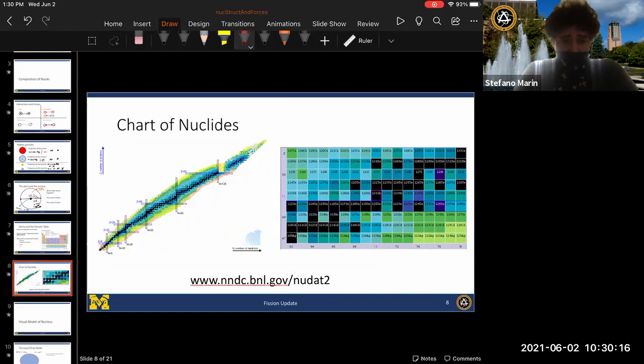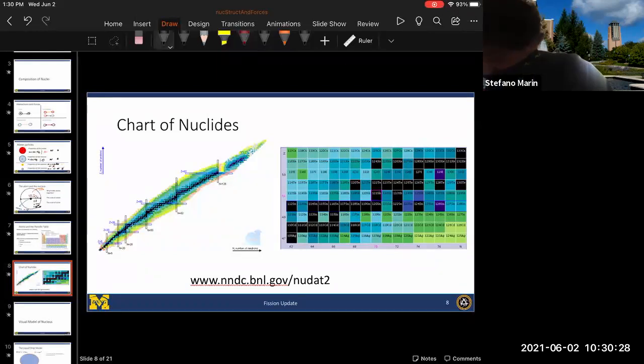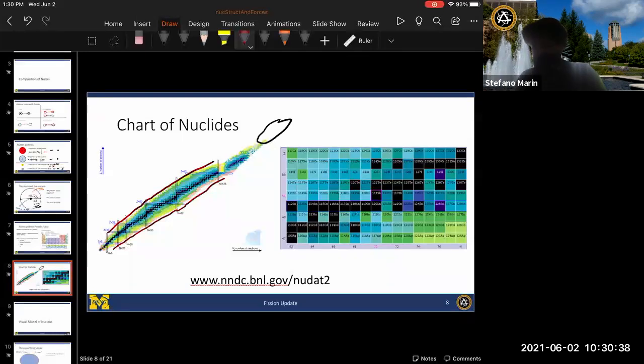So when we look at this, we actually see all the possible isotopes that we, right now in the year 2021, know about. Of course, this might extend diagonally up here, and it might even extend a little bit on this side here. Yeah, so as I said, I refer you to this website here.